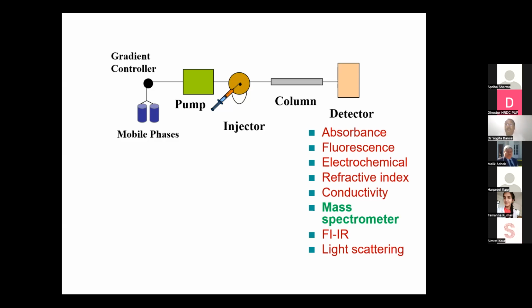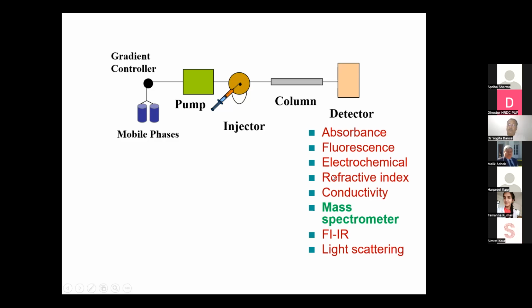Then electrochemical detectors are used for those species which undergo electro-oxidation reactions. Then refractive index is used for those substances which do not absorb any light, which do not exhibit any absorbance or fluorescence in the above-said two detectors.